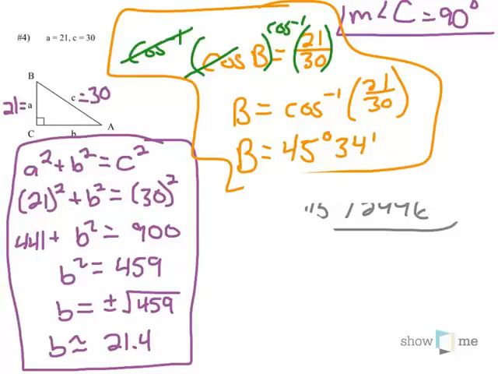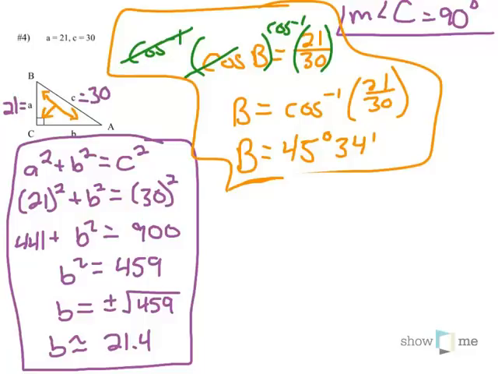Lastly, we have angle A. I'm going to kind of contradict myself a bit here. I've said not to use the rounded answer to find other answers. But there's also a fact that the 3 angles in a triangle have to add up to be 180. Or you could be a little bit more specific and say the 2 acute angles have to add up to be 90.